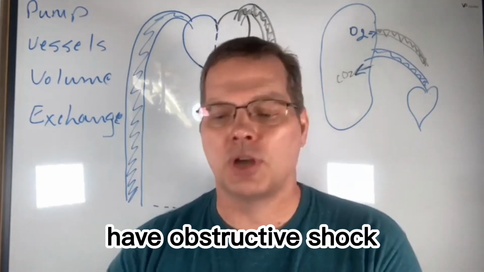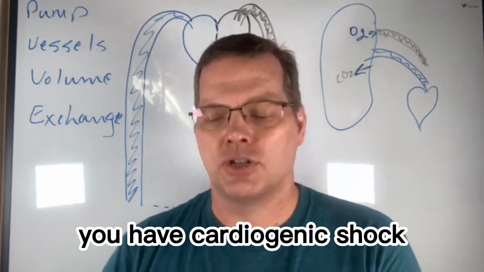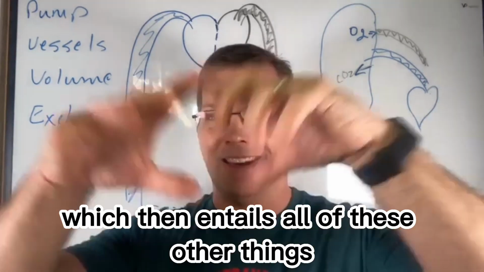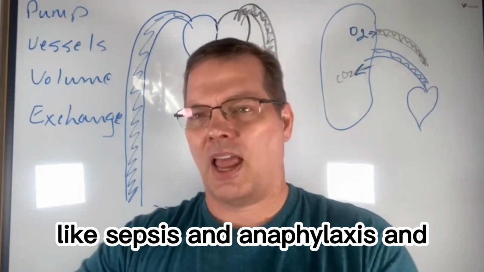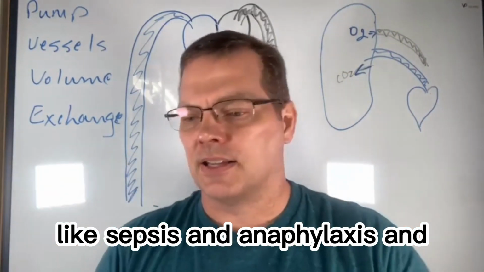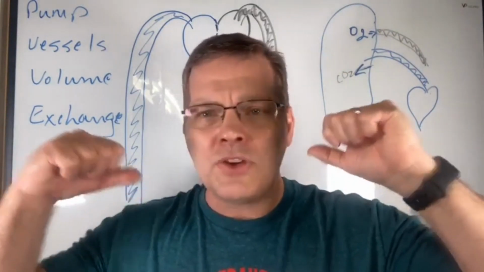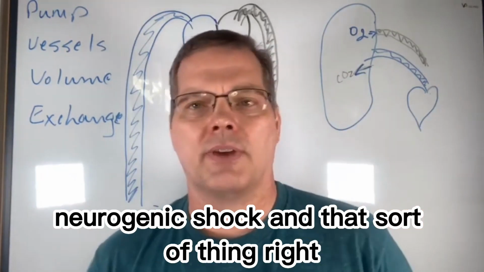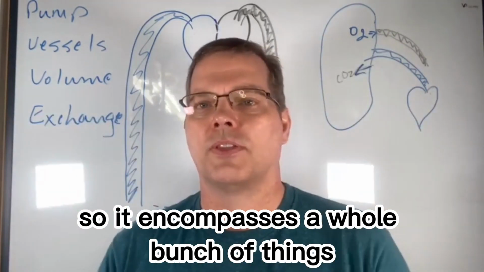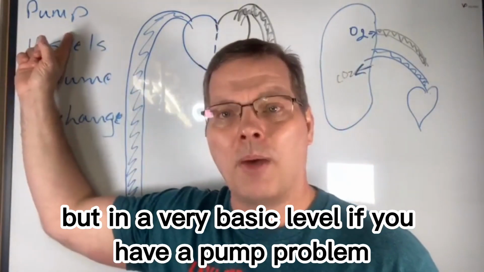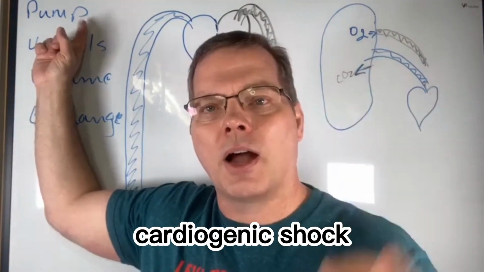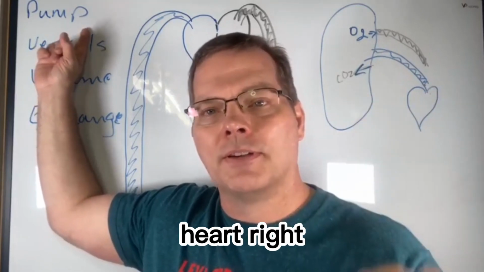You have obstructive shock, cardiogenic shock, and distributive shock, which entails other things like sepsis, anaphylaxis, and neurogenic shock. So it encompasses a whole bunch of things. But on a very basic level, if you have a pump problem, that's cardiogenic shock: pump problem, heart.